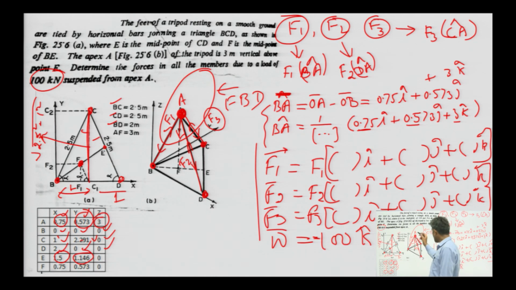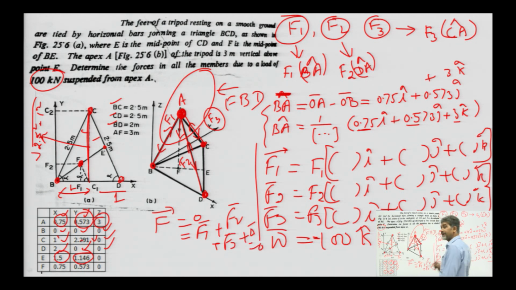Now apply the equilibrium equation at A: the sum of forces is equal to 0, that is F1 plus F2 plus F3 plus w is equal to 0. You will get 3 equations in terms of F1, F2, F3, and after solving these equations you are able to find them. So, do it by yourself.